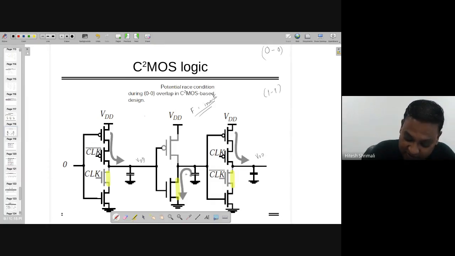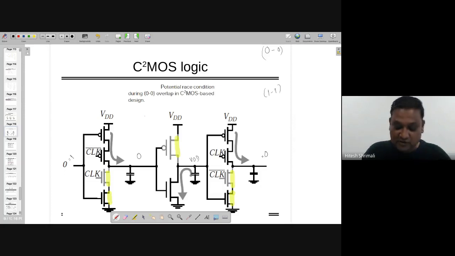If this is VDD, already this is 0, and this is available at output. And similarly, if this is equal to 1, the bottom transistor is going to be on, output is equal to 0. And again, because of this one, this is off and the other side is on, and the output is VDD, and because of this VDD, this transistor is on and output is 0.